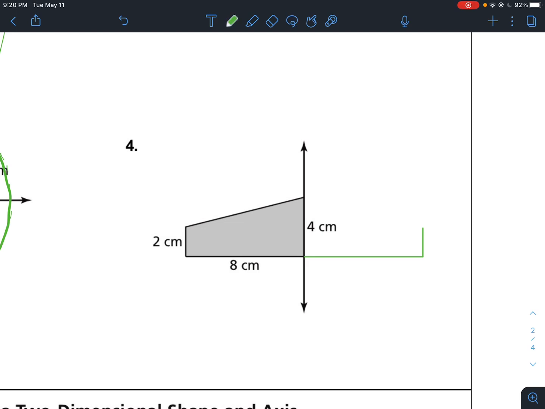Like that. Okay, so it should make kind of like a cone. So this top part, the top part would be a cone, and the bottom part would be a cylinder. Okay, so it should look something like this.